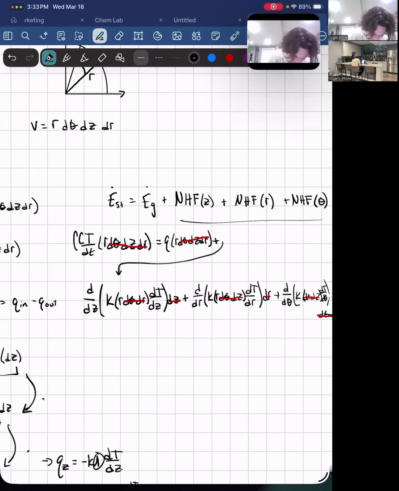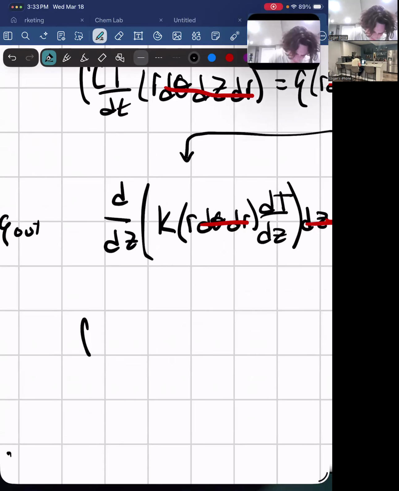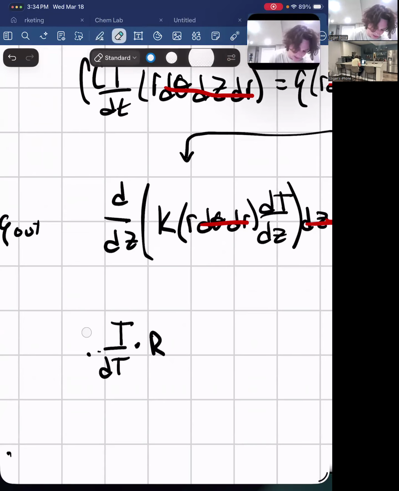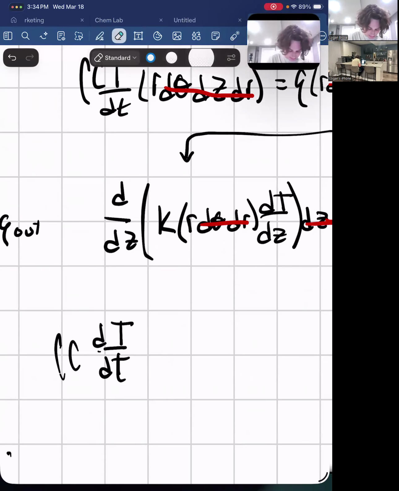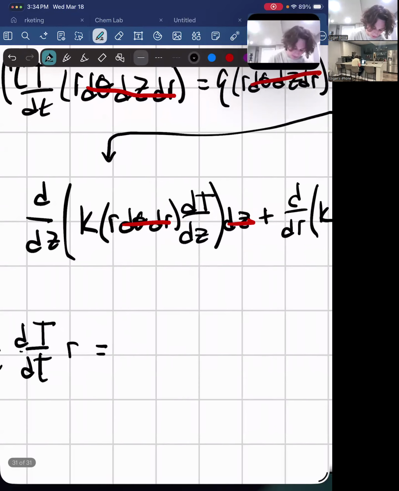We have our rho c dT over dt times r. And we can change this to rho c, change in temperature over change in time, times our r, that's not a capital R, equals our q times our r.